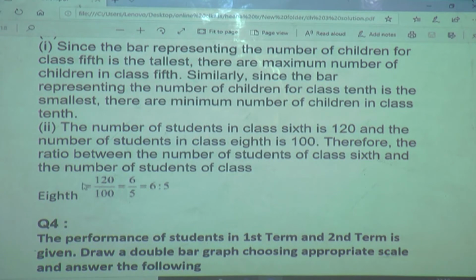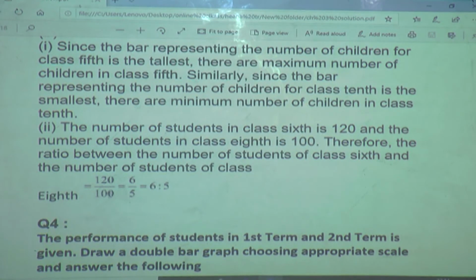Already in 5th standard we had learned what a ratio is, how to represent the ratio in the form of fractions, and we have to reduce it, and we will find one more fraction which is represented in the form of a ratio. So we are going to find the ratio of class 6th and 8th. In class 6th we have 120 students, and in class 8th we have 100 students. Reducing here, the zeros get cancelled.